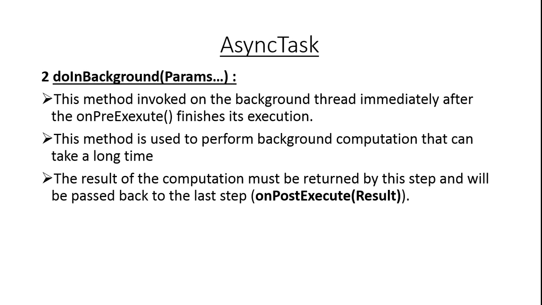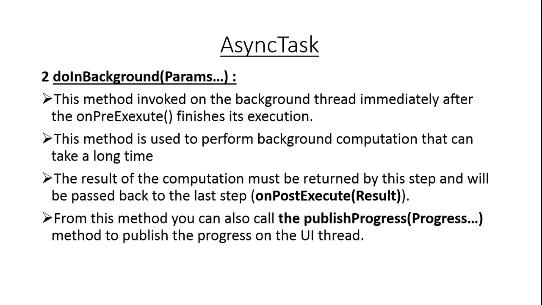The result of the computation must be returned by this step and will be passed back to the last step, called onPostExecute. After finishing the job within this method, the Android system will return the result into another method within AsyncTask called onPostExecute, and from that method you can publish the result on the UI thread. From this method, you can also call the publishProgress method to publish the progress on the UI thread.